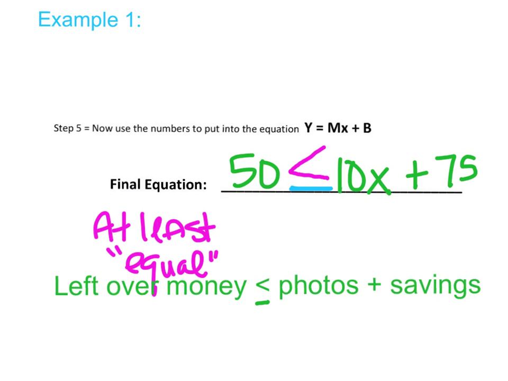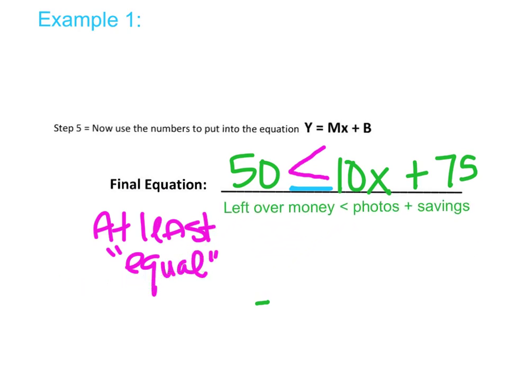So if I shrink this sentence down and I put it underneath my equation, $50 matches up with the leftover money. Then I have my symbol. And then 10x, that's the quantity of money for photos, plus $75 was the amount for savings.